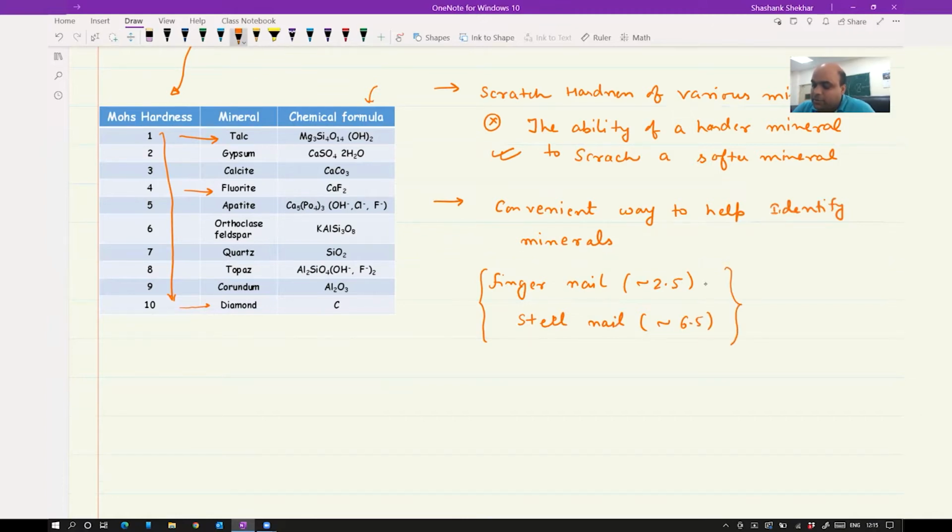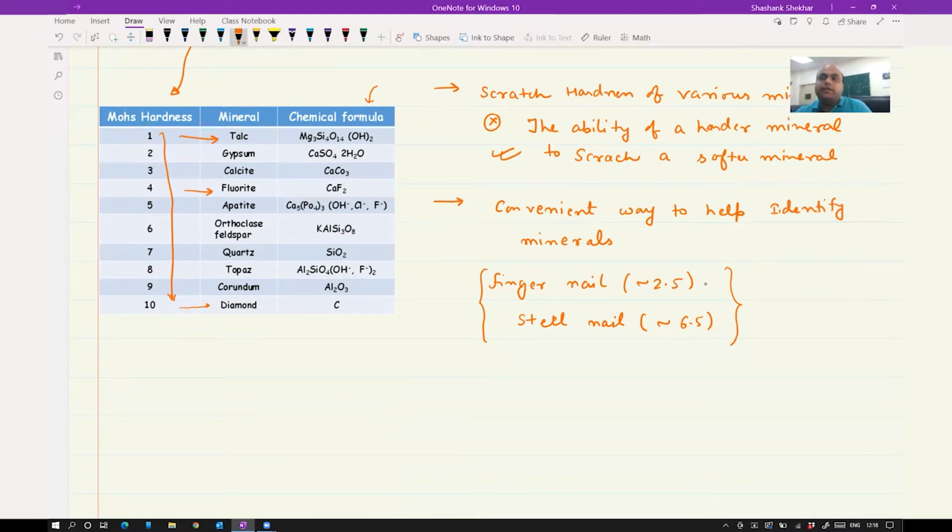Okay, so you are going on a field trip and you found some mineral, and if you are able to scratch the mineral using your fingernail, you know that the scratch hardness or Mohs hardness of that particular mineral is lower than 2.5. Similarly, if you are able to scratch a particular mineral using a steel nail but not using a fingernail, you should be able to know that the Mohs hardness lies between 2.5 and 6.5.